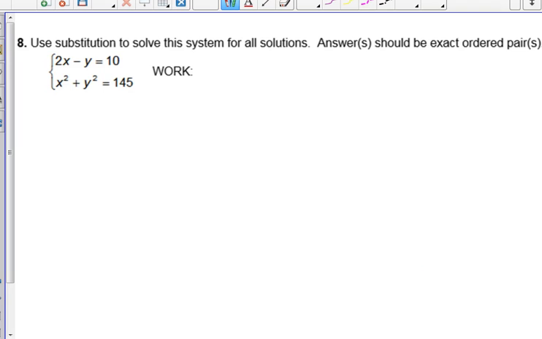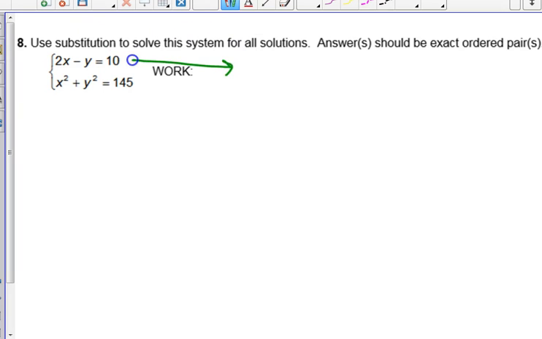Okay, substitution to solve this system. How did you get 13.3? Oh, never mind. Okay.